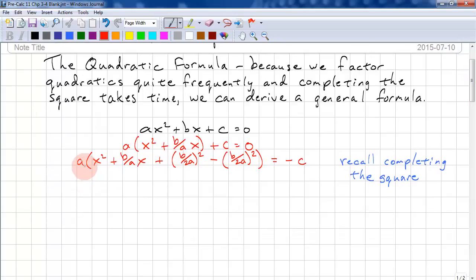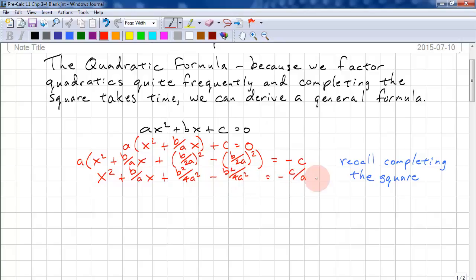Okay, and we want to divide both sides by a now. So x squared plus b over a x. And let's just expand this, b squared over 4a squared. And here we have minus b squared over 4a squared. And now we have minus c over a.